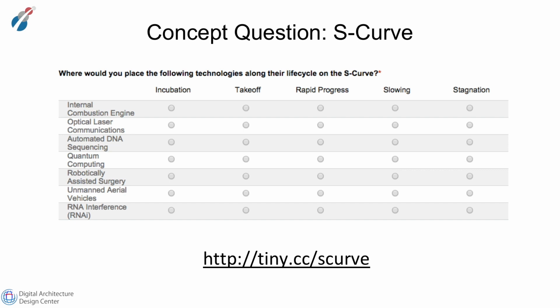Next technology, optical laser communication. This is used on Earth, and also in space, and so this is in the rapid progress stage. I would agree with that. It's still not a mainstream technology, but it's increasingly matured and used, for example, for intersatellite links.